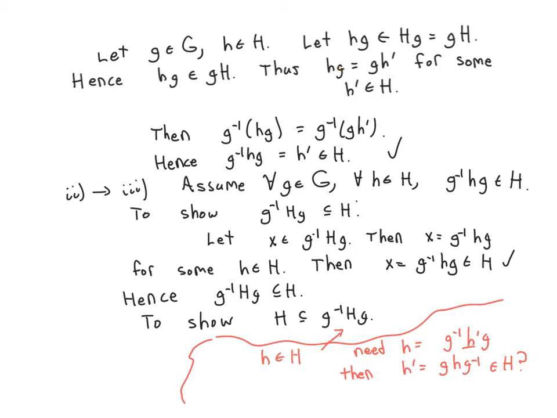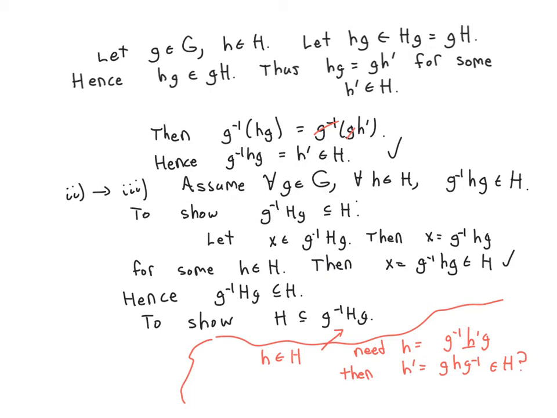So let's see what happens when we multiply through by g inverse on the left on both sides of this equation. I have g inverse times hg is equal to g inverse times g h prime. Well, on the left-hand side, we have the conjugate of h by g. On the right-hand side, we have cancellation, we have h prime, which is an element in H. So we see that conjugating an element in H by an element in G gives you an element in H, which is exactly what we wanted to show.